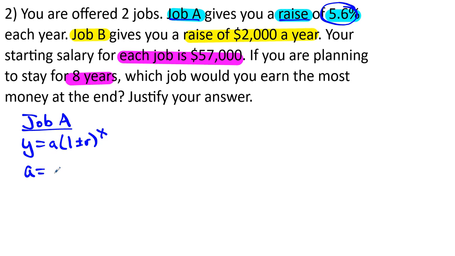A is our starting value, which they both start at 57,000. My R value is my rate, but as a decimal. So we're going to take that percentage, divide it by 100, and we get 0.056. And then, of course, our X is our time, which is 8 years.